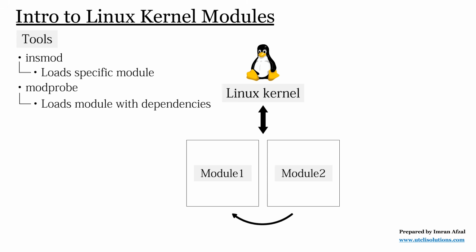Due to this intelligent behavior, modprobe is the preferred and commonly used tool in real-world Linux systems. Just as modules can be loaded, they can also be removed when they are no longer required. This process is known as unloading a module. Linux allows unloading only when the module is not being used by any other component. This safety rule prevents system crashes and ensures kernel stability.